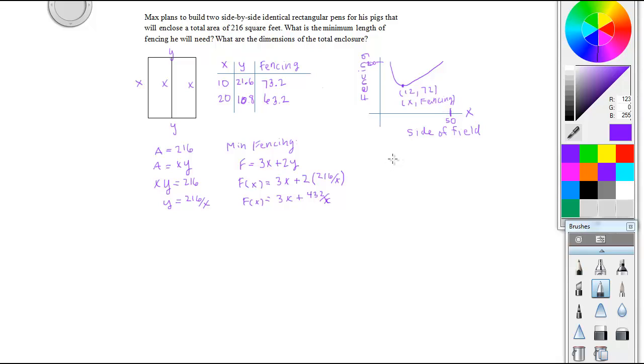And so my answer to the question so far, it says what is the minimum length of fencing he will need? So the minimum fencing is 72 feet.